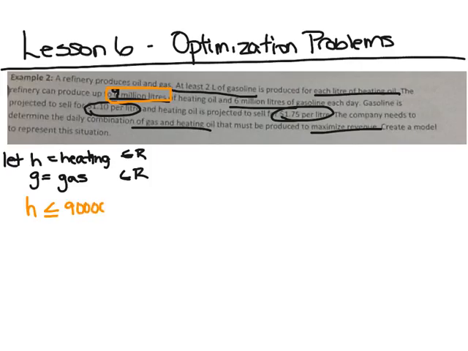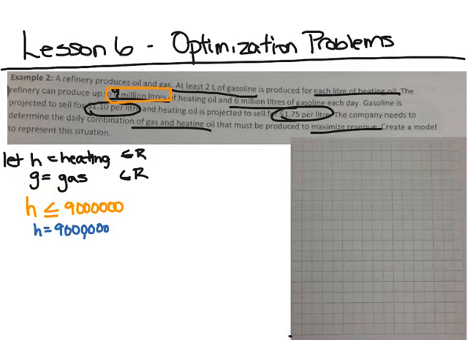So 9 million liters. So if we were to graph this, we'd graph H equals 9 million. So if this is our heating oils, and Y can be our gas, and let's go up by millions. So we want a line at 9 million. So 1, 2, 3, 4, 5, 6, 7, 8, 9.